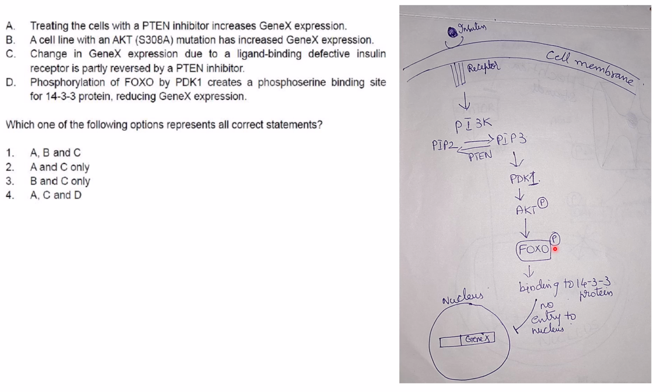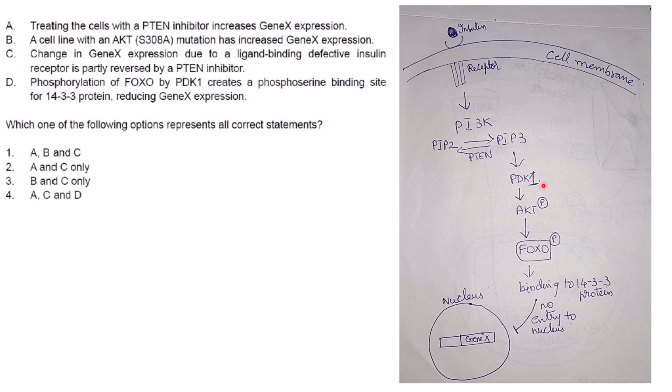Now see the options. Treating cells with PTEN inhibitor increases gene X expression. Now you are treating the cell with a PTEN inhibitor. PTEN inhibits the PI3K AKT pathway, I told you. So PTEN is inhibited means the PI3K AKT pathway is active.